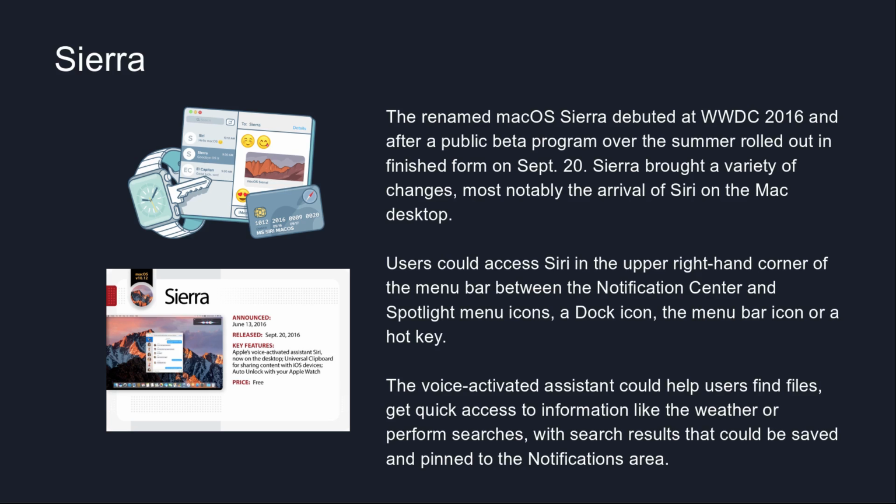Other changes in Sierra include a universal clipboard, which allowed text to be copied from one Apple device to another, iCloud Desktop and Documents for syncing across Macs using the cloud, Auto Unlock, which allowed the Apple Watch to unlock a macOS account, and Apple Pay on the web.